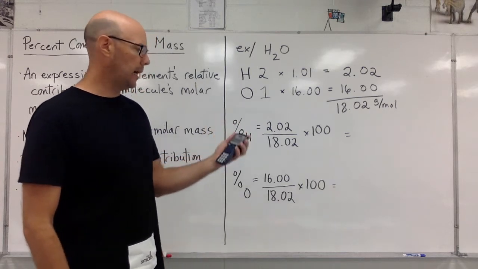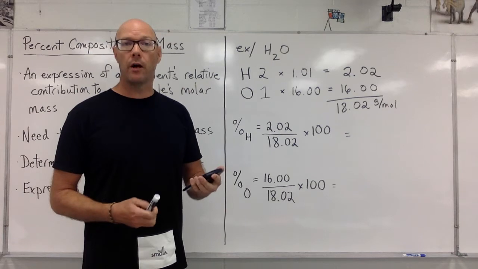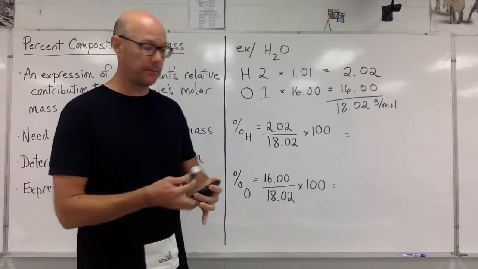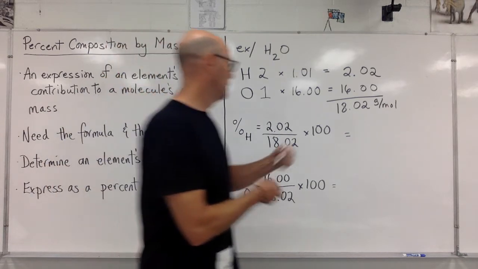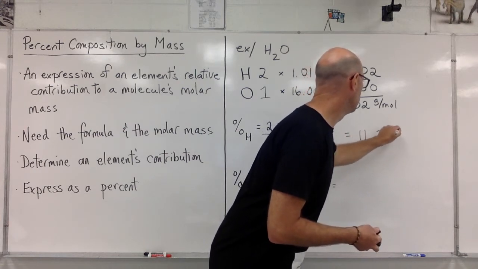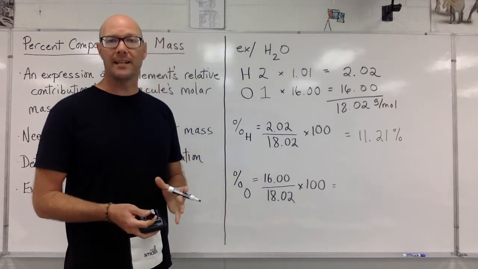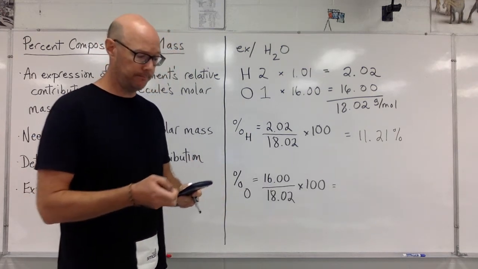So this first one, I actually get 11.2097, which I'm going to round off to 2 decimal places. 11.21%.